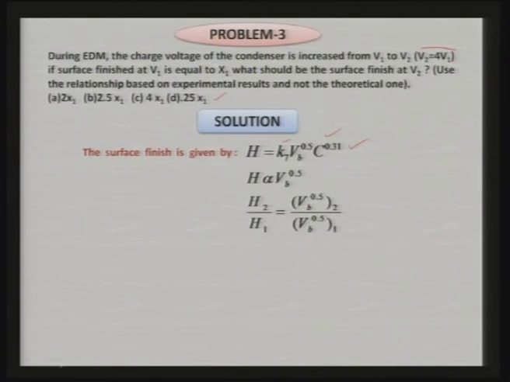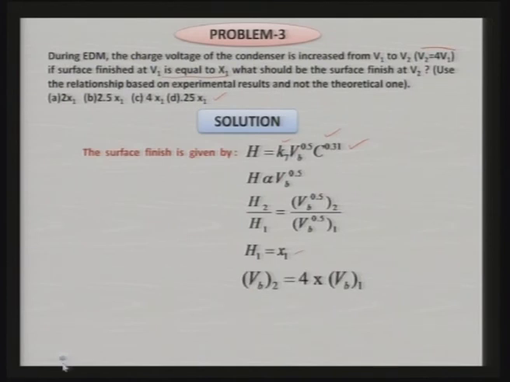Then we can write that H2, that is the CLA value in the second case, with supply voltage V2, and H1 with the supply voltage V1, becomes Vv2 raised to power 0.5 divided by Vv1 raised to power 0.5, and we know H1, that is the surface finish in the first case, is x1, that is already given over here in the problem.